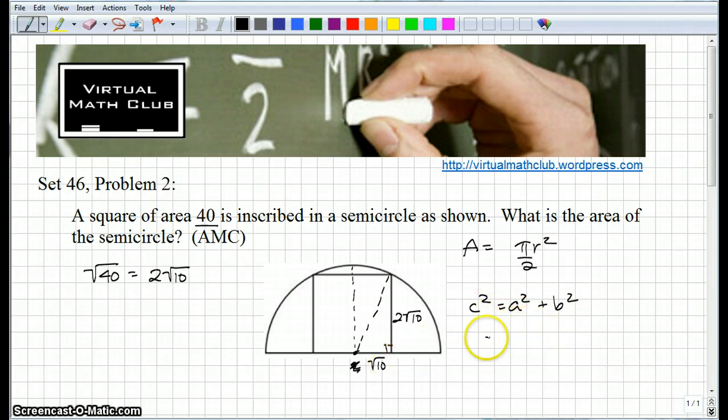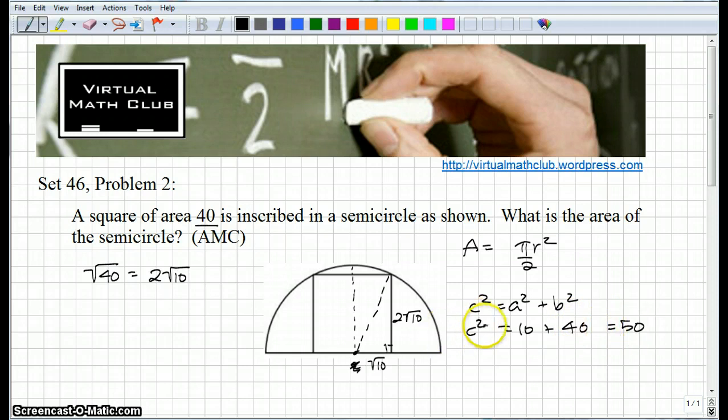So square root of 10 squared is equal to 10. 2 times the square root of 10 squared is actually the square of the square root of 40. I probably could have just left it like that. And so that's 40, so we get 50.